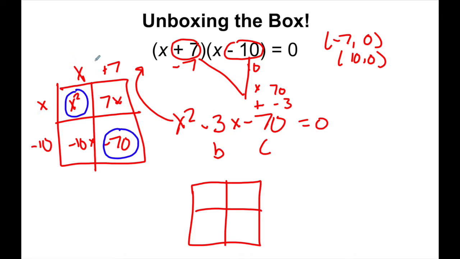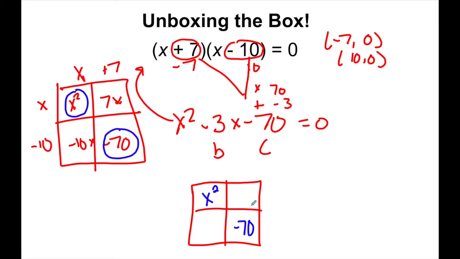Sometimes there will be a number in it, but for this one, there's no x in the 7 and no x in the -10, so you wouldn't expect an x here. So when I'm factoring, I know that x squared goes here, and I know that -70 goes there.